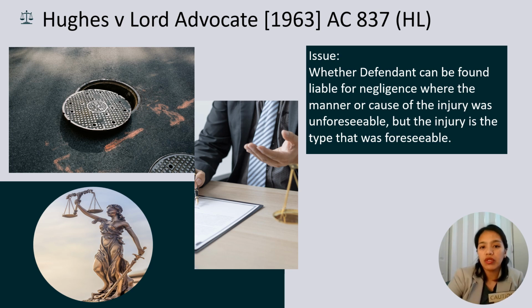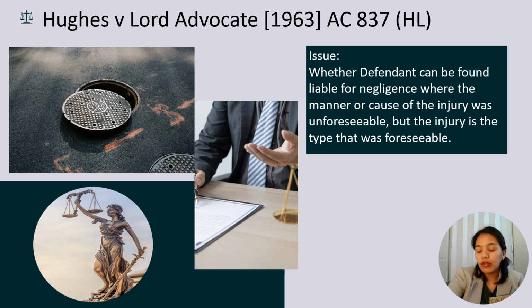So the issue here was whether the defendant can be found liable for negligence where the manner of cause of the injury was unforeseeable, but the injury is the type that was foreseeable. The House of Lords ruled in favor of the plaintiff, highlighting that while it was not reasonably foreseeable that a dropped lamp in a manhole would cause a large explosion, it was foreseeable that someone could get burned by unattended paraffin lamps.